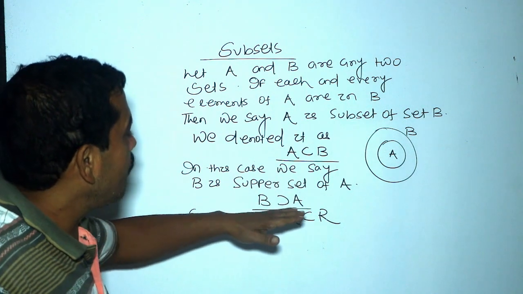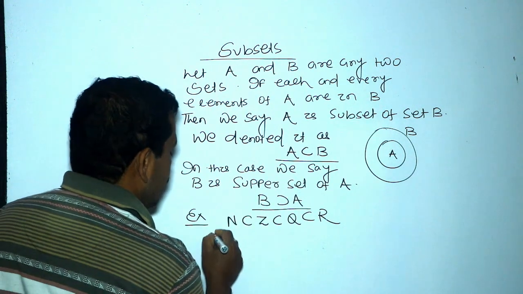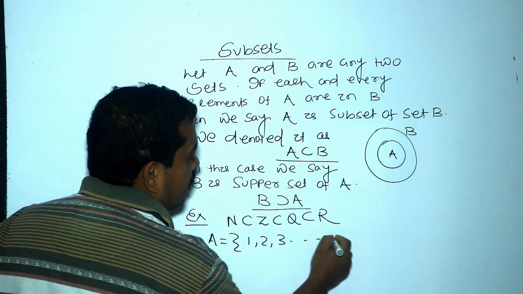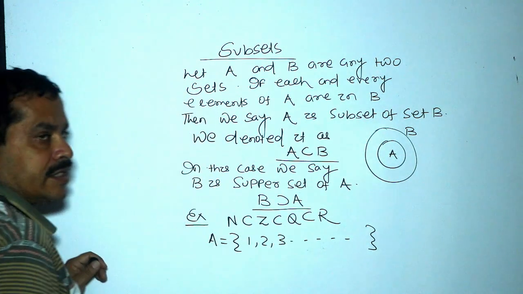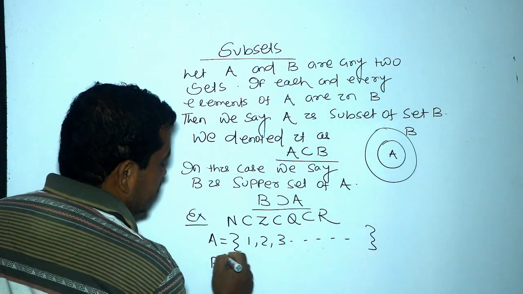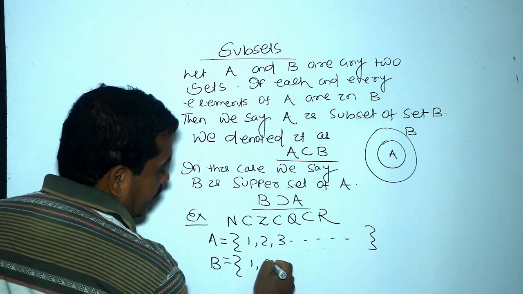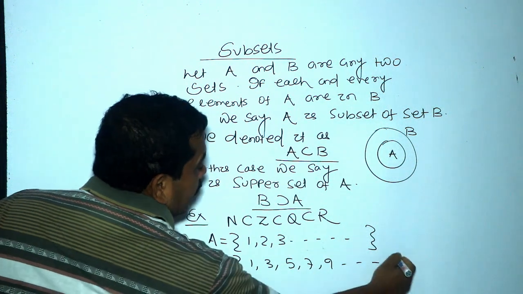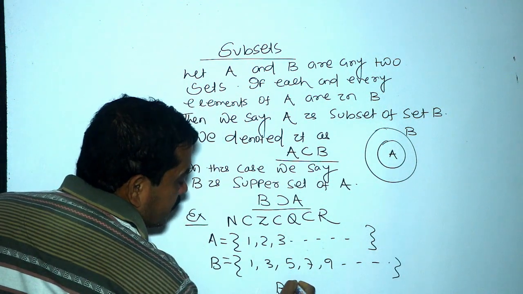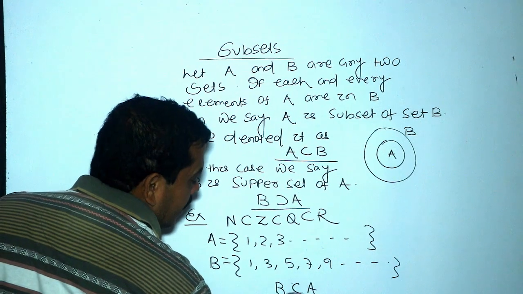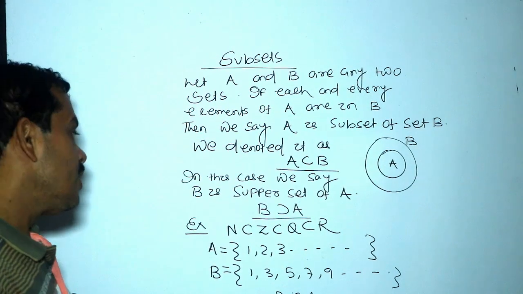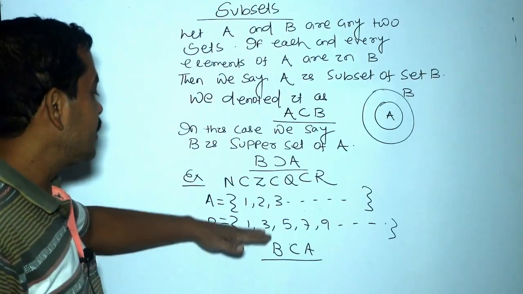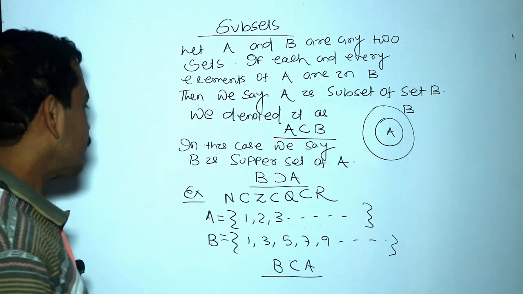That is an example of a subset. Suppose A contains elements 1, 2, 3 ... and B contains the elements 1, 3, 5, 7, 9 ... Here B is a subset of A because all the elements of B are in set A.